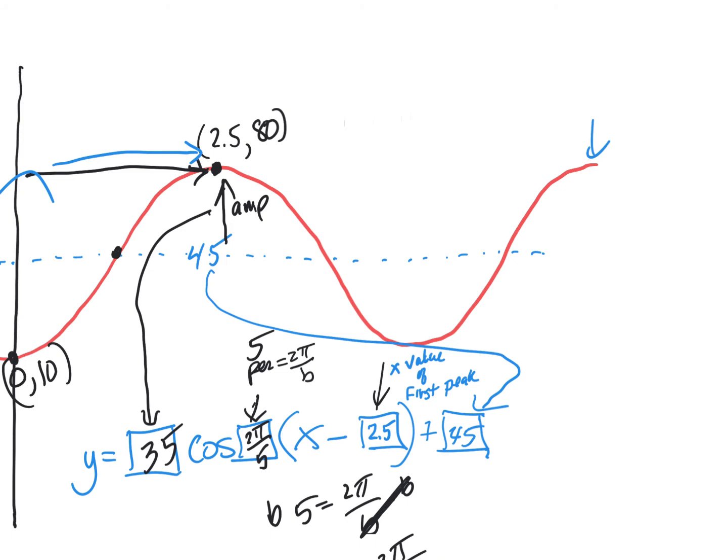Yes? This is just a thought I had. So, couldn't you flip the graph of regular cosine instead of shifting it to the right? You are absolutely right. Instead of shifting it to the right, you could have flipped this graph upside down, and this spot, which was the lowest spot, would become the highest spot. You are correct. So I would have to take that on a test.